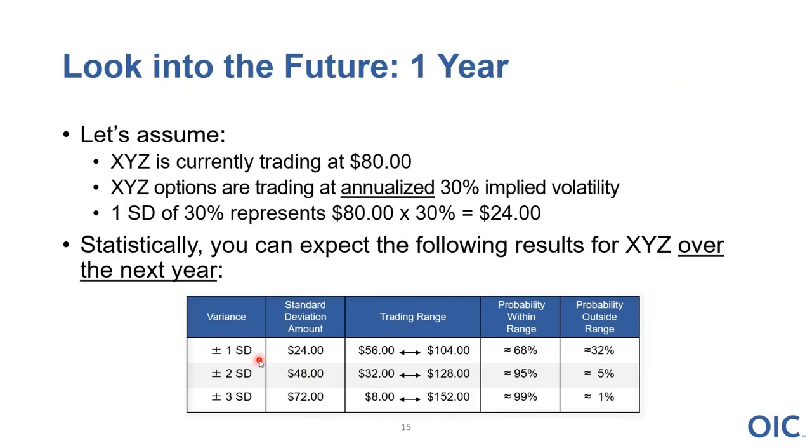If you double that to two standard deviations, you would expect 95% of the observations to be within that widened or doubled range, just taking 30% on either side and then doubling the move from 24 to 48.